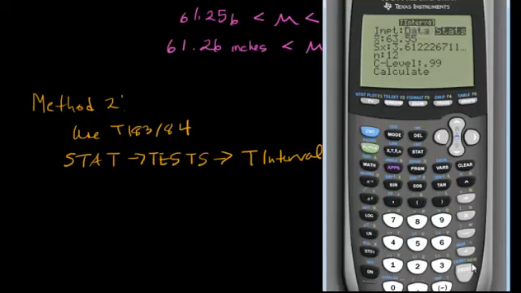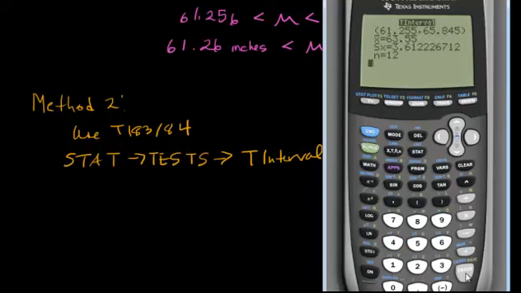Now I know we've calculated the mean and the standard deviation, but now we can just put in that we have the data. Enter on data. See, now it asks me where the data is and what list. It is in list 1. If it wasn't the right list, I would just enter that. Second, list 1. My frequencies are 1. I'm not using a column of frequencies. My C level, confidence level, is 0.95, and then we calculate.